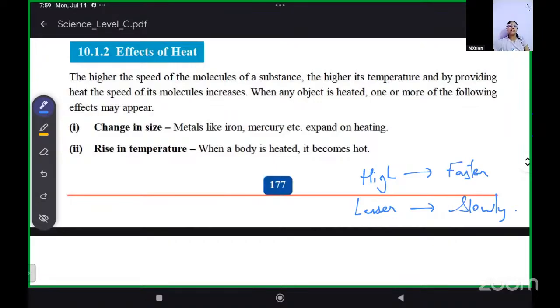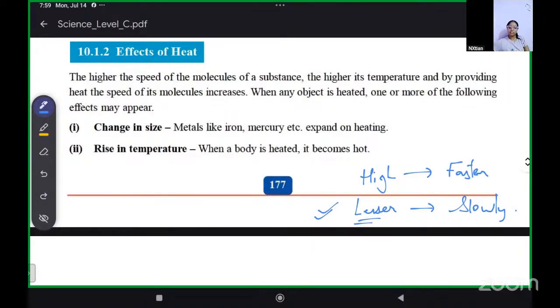It will increase the speed of molecules. When the heat is traveling in the molecules of the vessel, their speed will increase. When you heat it on a low fire, the heat will move slowly, and it will only heat up slowly.